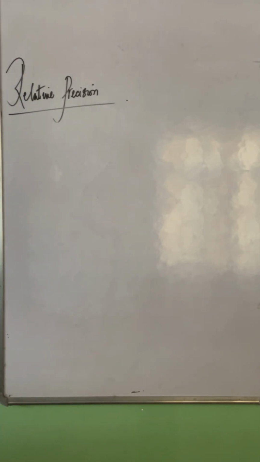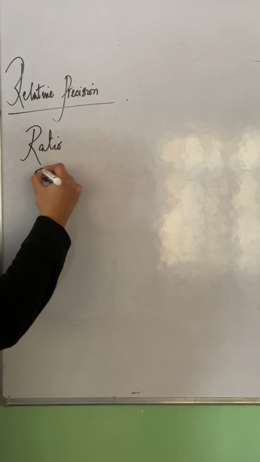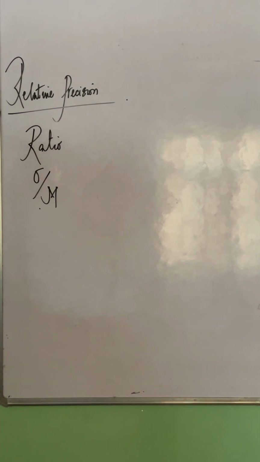Relative precision, or the degree of precision, is used to express the precision of the various measurements, and it's usually expressed as a ratio between standard deviation and mean value of the measurement. So relative precision is a ratio between standard deviation and the mean value of that quantity. So I may write it down.